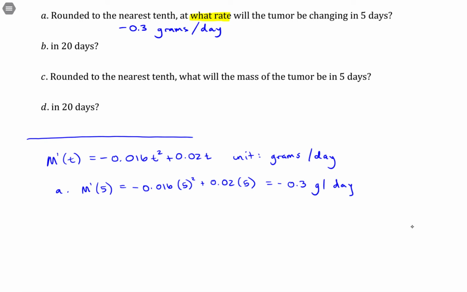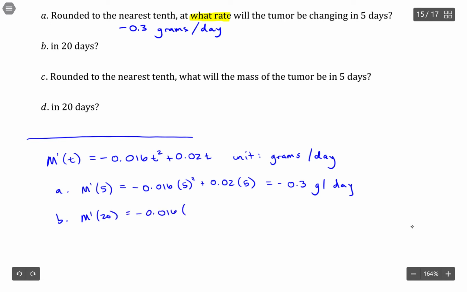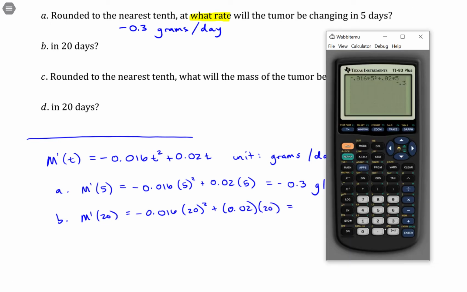All right, then at what rate is it decreasing in 20 days? Well, there's not much difference there. We're just simply evaluating the derivative after 20 days. So negative 0.016 times 20 squared plus 0.02 times 20. And let's see what we get now.